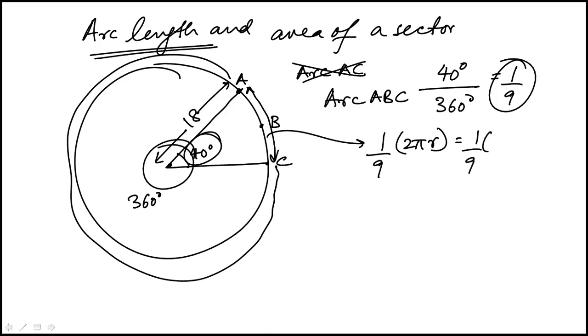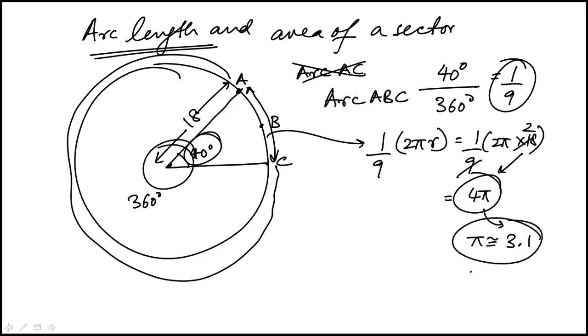So here, the radius is 18, and we can simplify this. This is 4 pi. Often the answers would be left in pi, unless they expect you to approximate. In that case, you would use pi equal to, I would say 3.1 is usually enough, but if you want to be really certain, 3.14 is more than sufficient for the GRE.